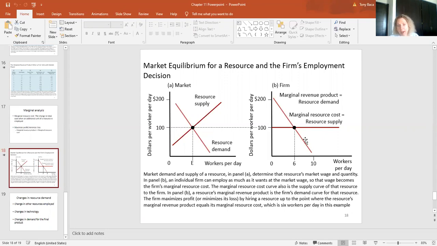You can see that after 6, your marginal revenue product lies below your marginal resource cost. That's bad business. Even worker number 6 is just bringing in what we're paying them.